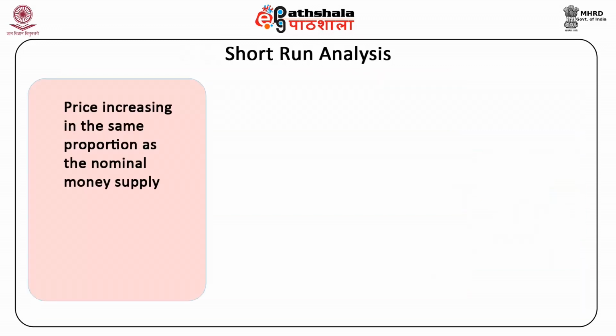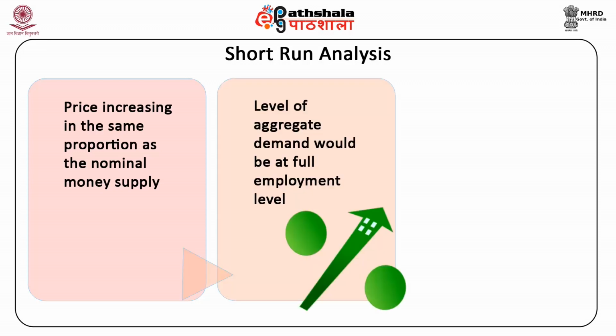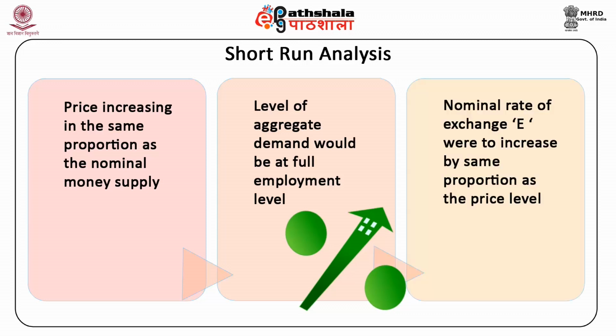With the price level increasing in the same proportion as the nominal money supply, the level of aggregate demand would be at the full employment level if and only if the nominal exchange rate E were to increase by the same proportion as the price level, given that the rate of interest is at its original level.